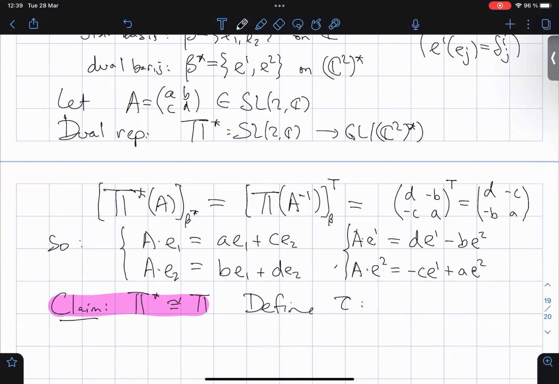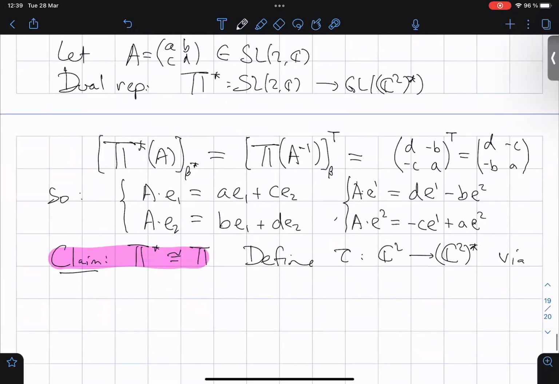We're going to call this intertwiner tau, going from C2 to C2 dual. It's going to take E1 to E superscript 2, and E2 to minus E superscript 1.